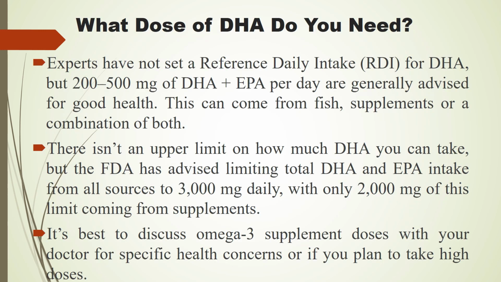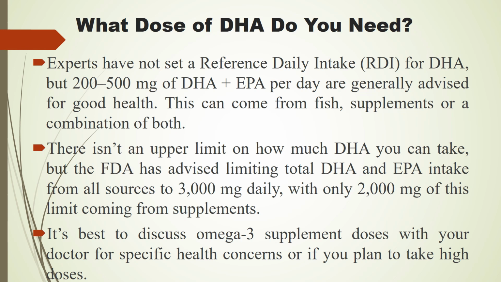But after this the major question is what dose of DHA do you need? Experts have not set a reference daily intake for DHA, but approximately 200 to 500 milligrams of DHA plus EPA per day are generally advised for good health, and this can come from fish and supplements or a combination of both.